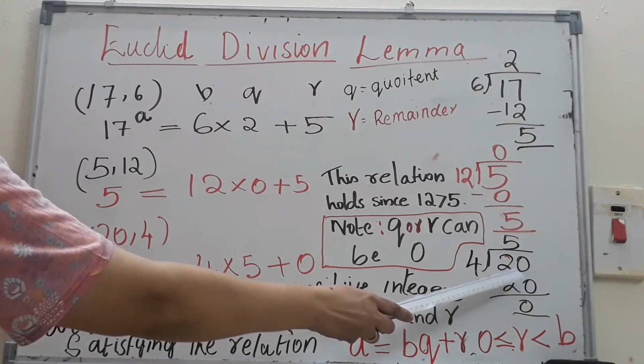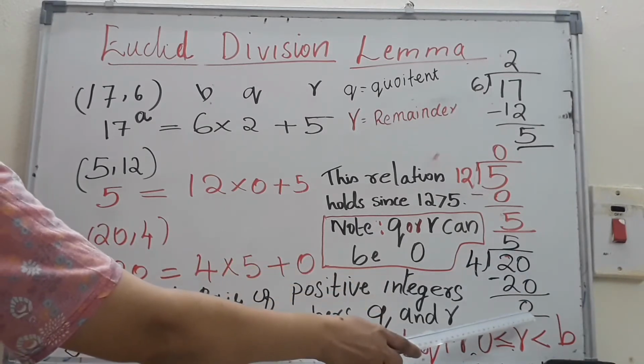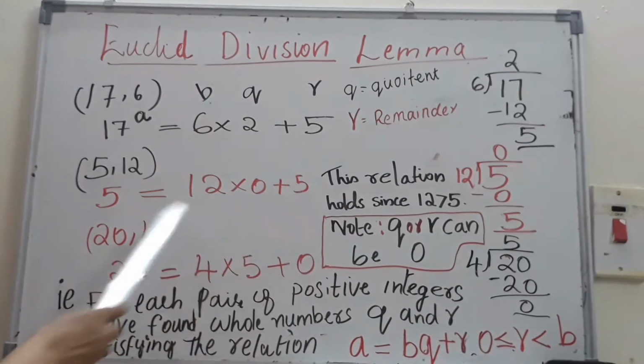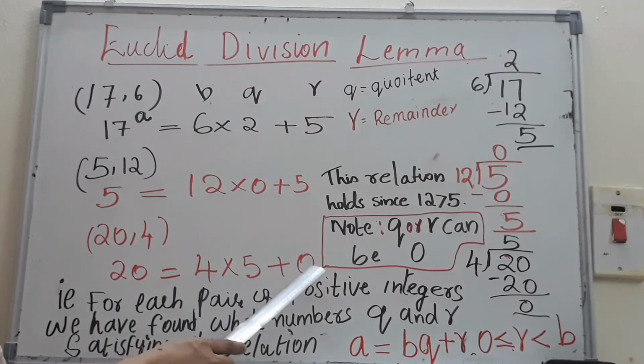Another case: how many times? Check. 5 fours are 20. So what is the remainder here? 0. So 20 can be written as 4 into 5 plus 0.